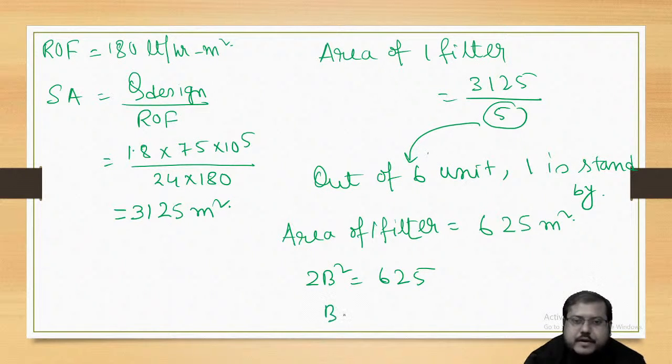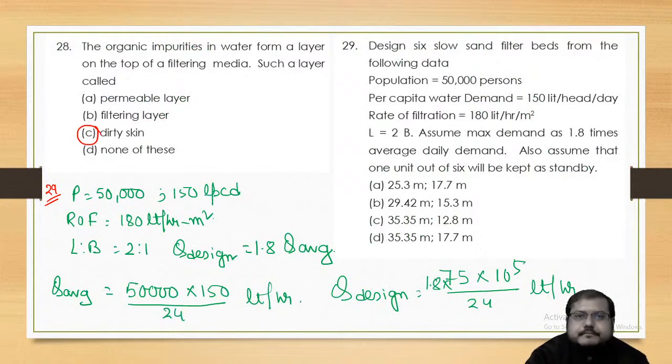And from here b will be equal to 17.67 meter, and L is equal to 35.35 meter. So option D will be the correct answer. Question 29, option D will be the correct answer. Hope it is clear to you.